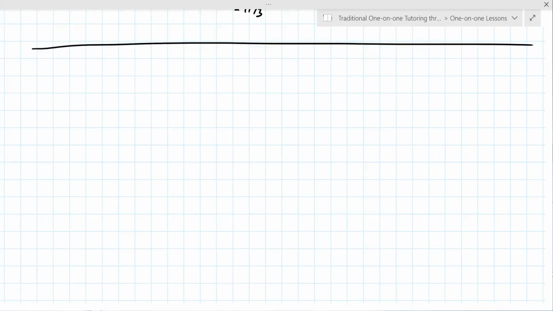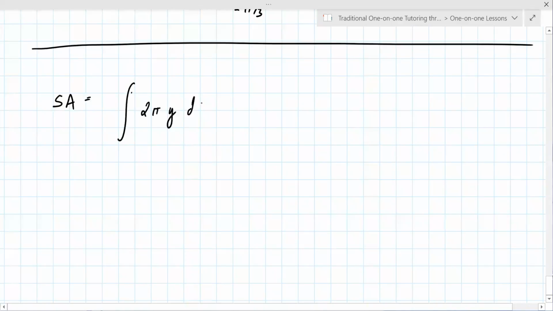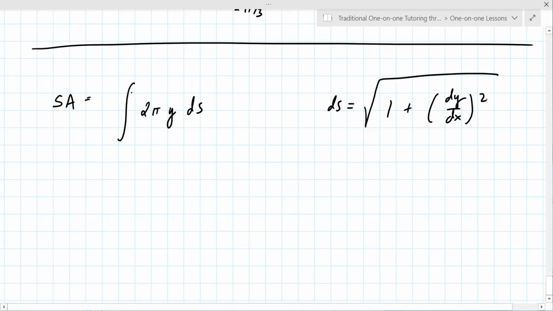Okay, let me go grab the formula for this. All right, so the surface area, again, there's one with respect to x, one with respect to y, but most of the time you're going to do it with respect to x. So it's 2 pi y ds, and ds is the same as the arc length, the square root of 1 plus dy dx squared.